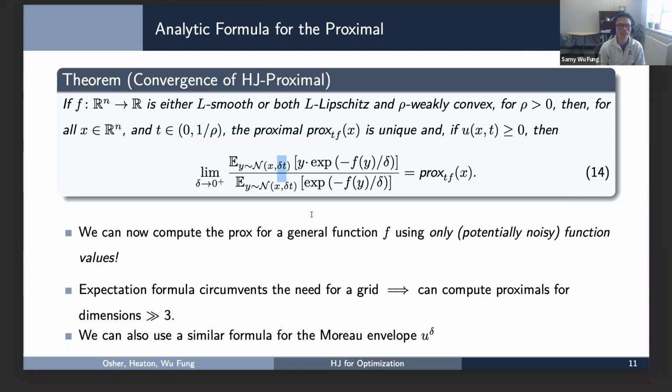The variance is delta times t. So you can either choose a smaller time or shrink the delta, potentially at the risk of numerical instabilities because you are taking e to the minus f over delta. Oh, I see, so there's some sort of trade-off going on. Yes. You can potentially find a delta where you don't need so many samples, so you can have something that's closer to a delta function. Beautiful. Thank you.